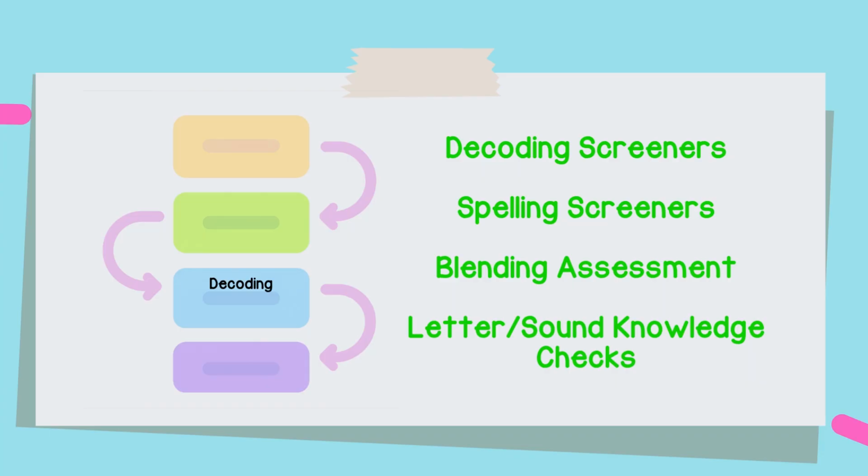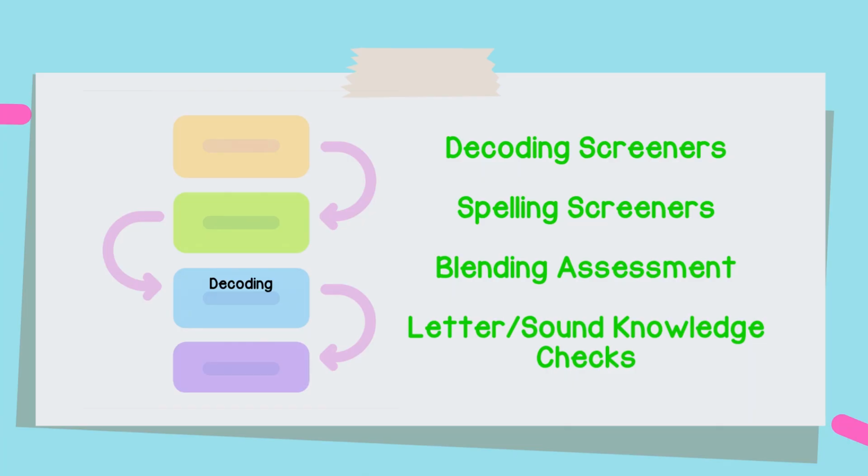Another assessment is the letter sound knowledge check. Now, this was part of your decoding screener, but I have a separate one that just does uppercase, lowercase, and letter sounds. This test can be given if you are assuming that the student does not know enough letter sounds automatically. And if that is the case, then decoding is going to be extremely difficult. The letter knowledge survey identifies which letters the students can name, upper and lowercase, and which sounds they know.